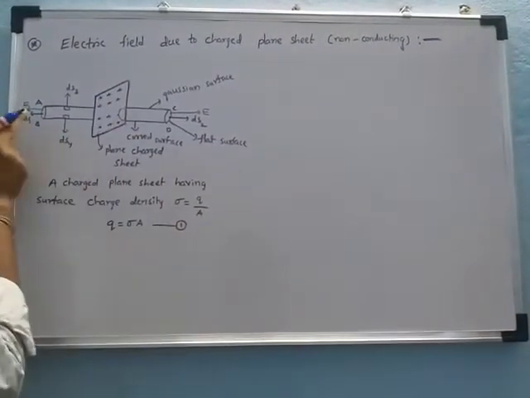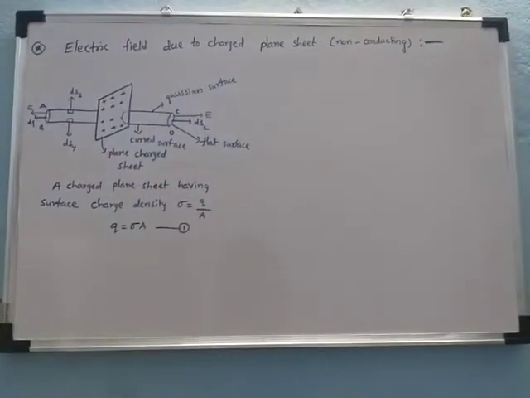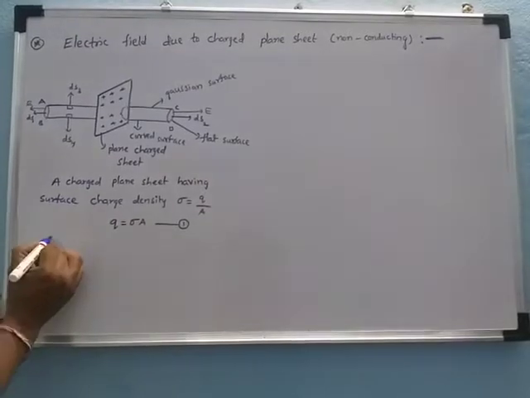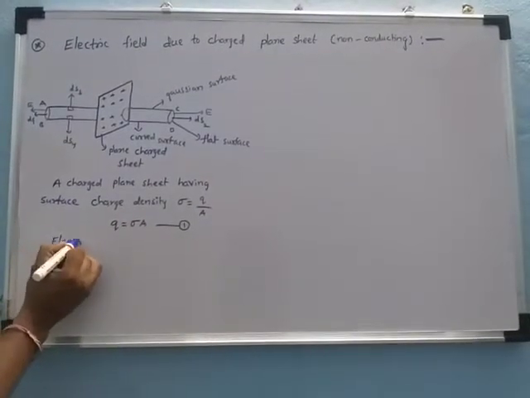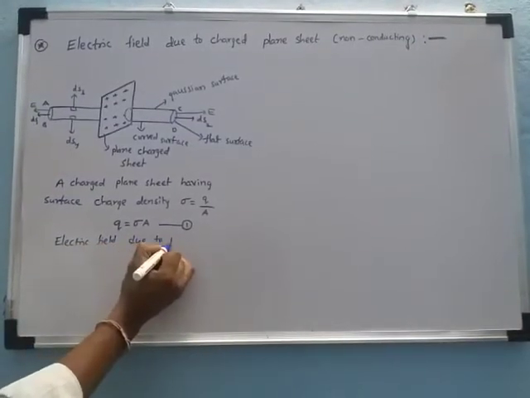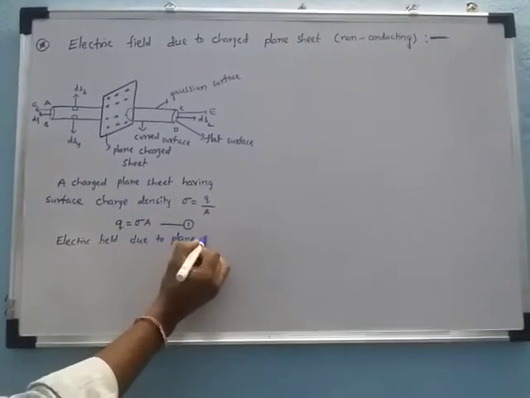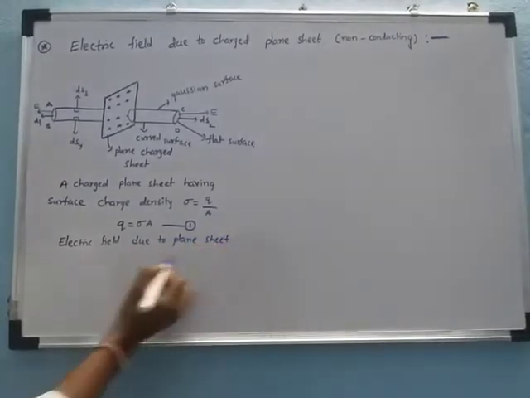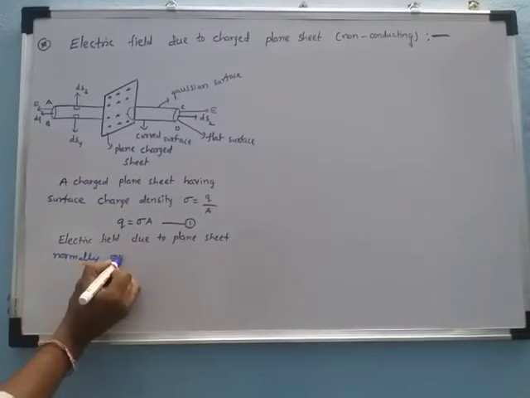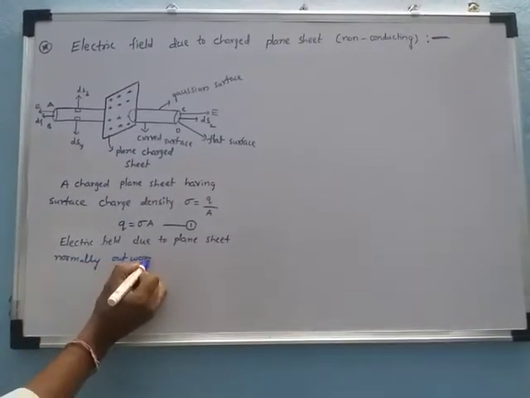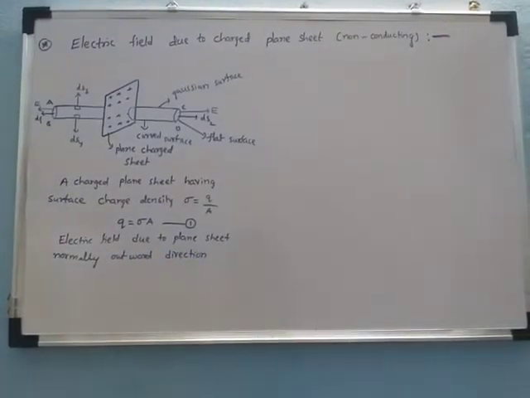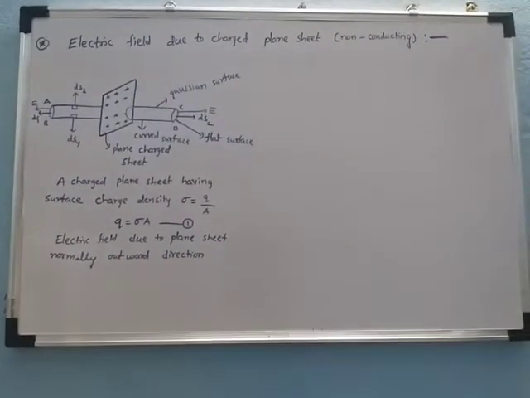This is the curved surface, and AB and CD are the flat surfaces. The electric field due to the plane sheet is normally in the outward direction.